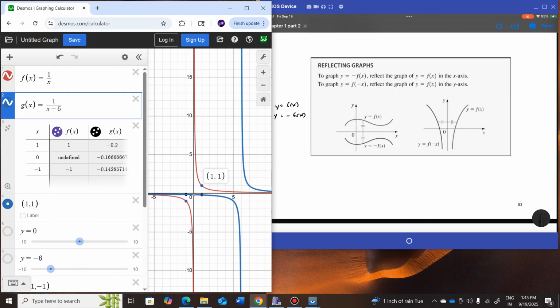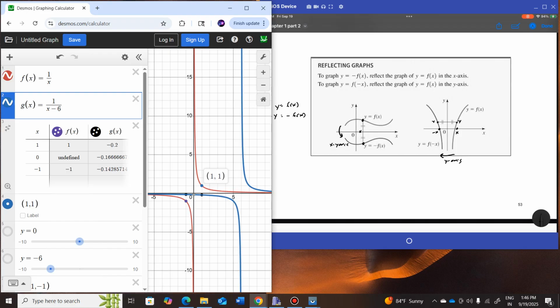So a point x, y is now x, negative y. On the other side, if the x is negative, then it flips across the y-axis, so the point x, y is now negative x, y.